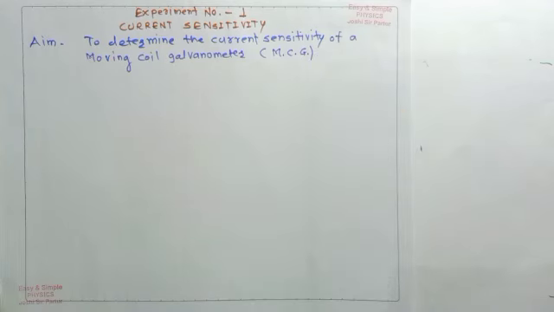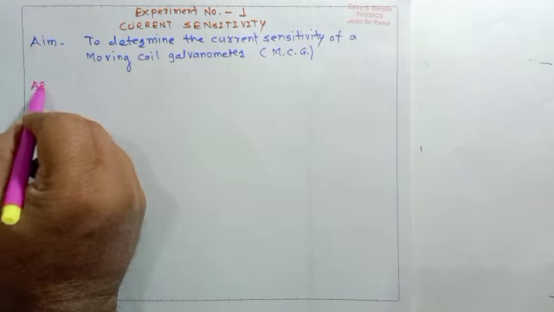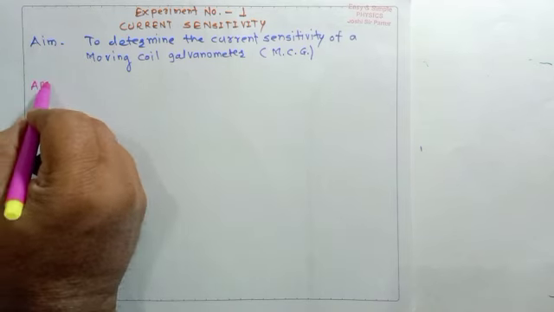For this determination of current sensitivity, we have seen the apparatus for the experiment. The apparatus used is a moving coil galvanometer.